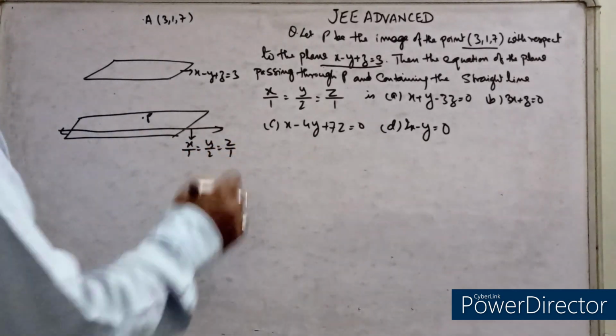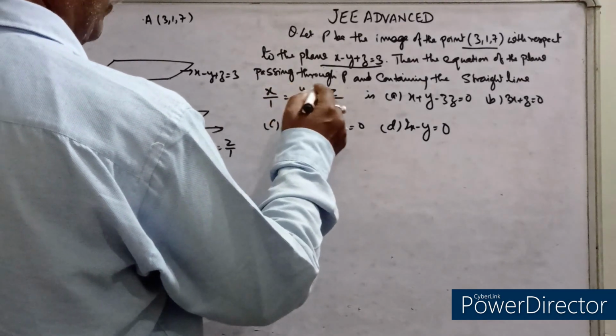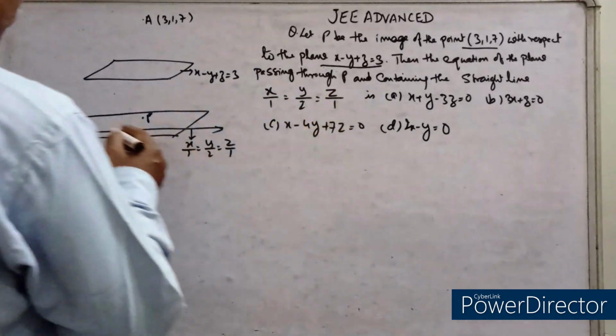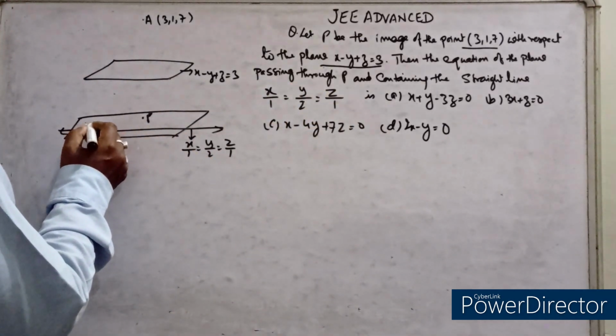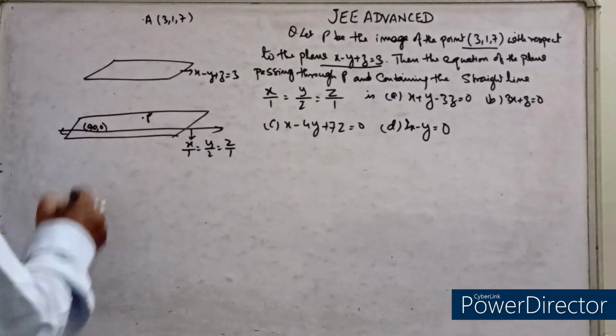Again you see that this is x minus 0, y minus 0, z minus 0, that means this line is passing through the origin (0, 0, 0).